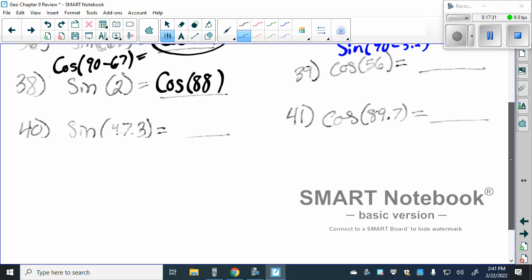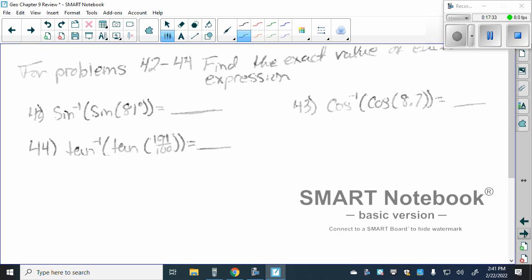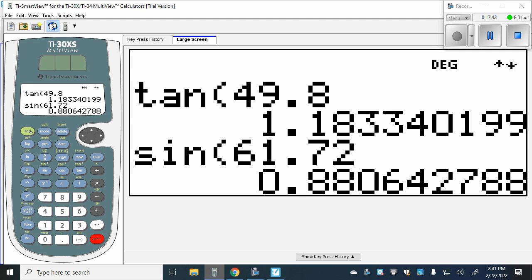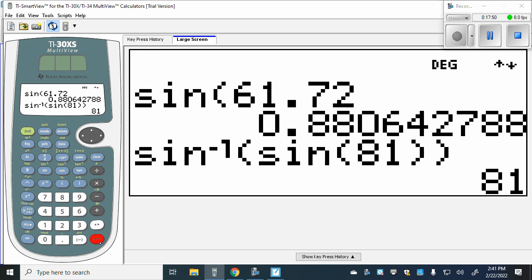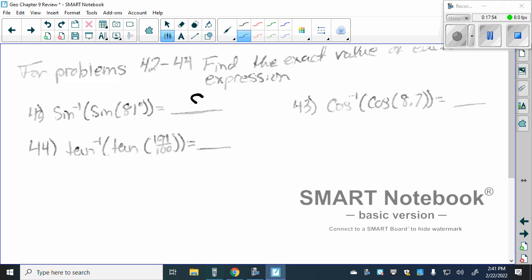41, 42. So evaluate, find the exact value of each expression. Sine inverse of sine of 81. And I mean, we could type these straight into the calculator and it would give us an answer.